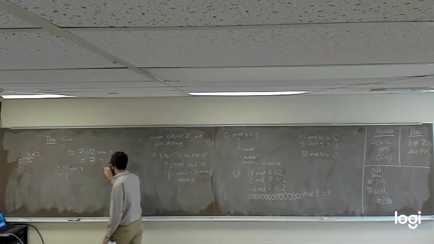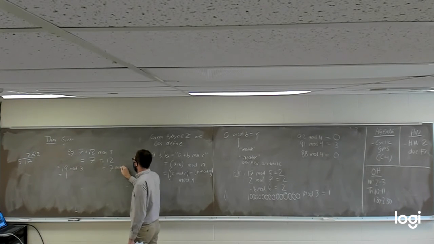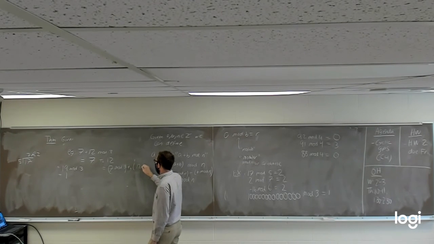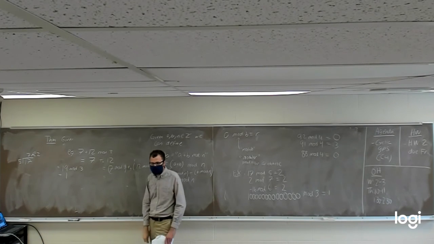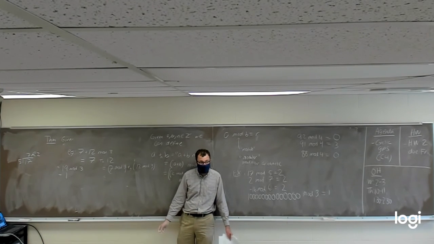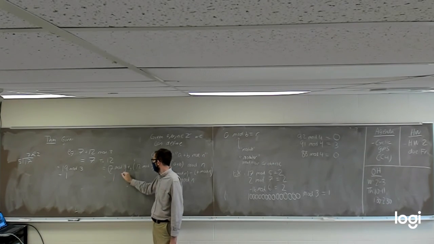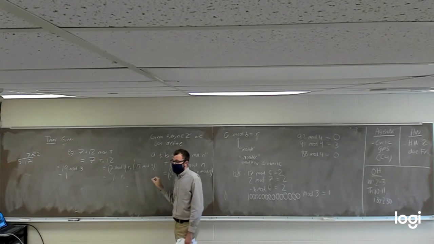Or we could do 7 mod 3 plus 12 mod 3. What's 7 mod 3? 7 divided by 3 is 2 with the remainder of 1. What's 12 mod 3?